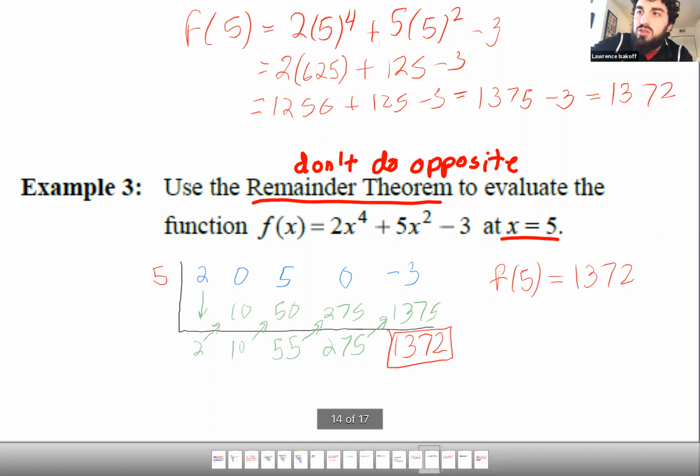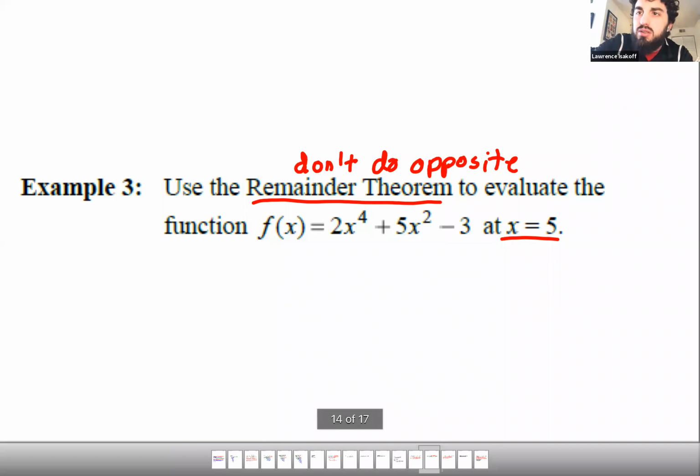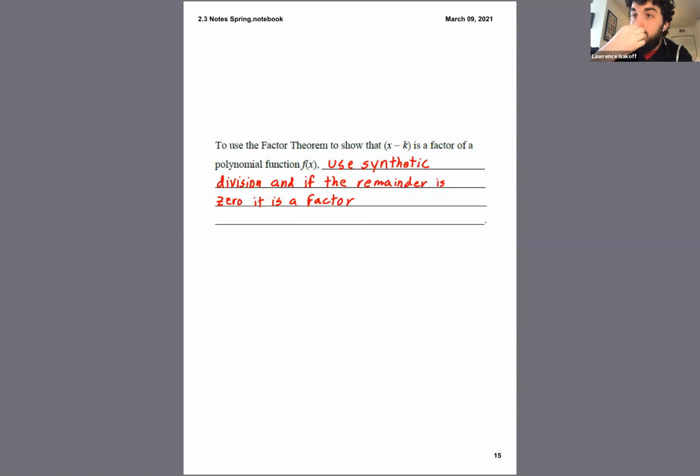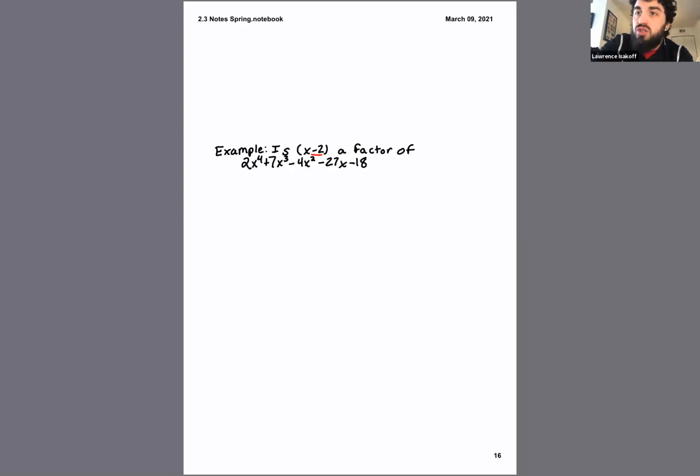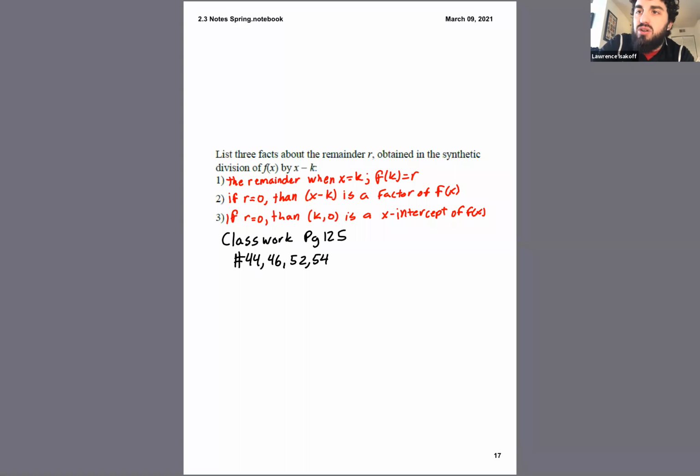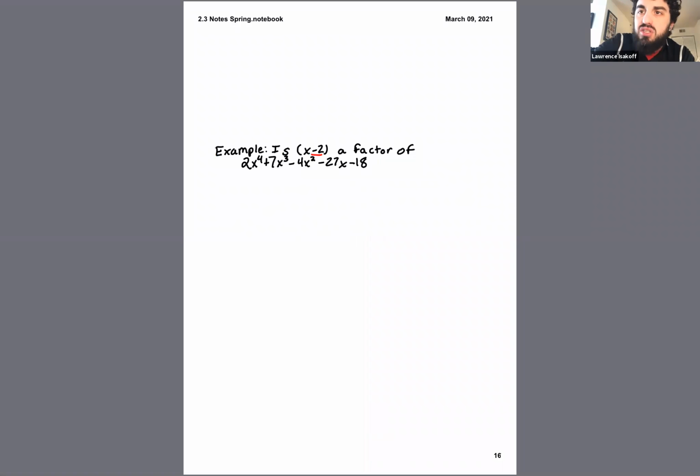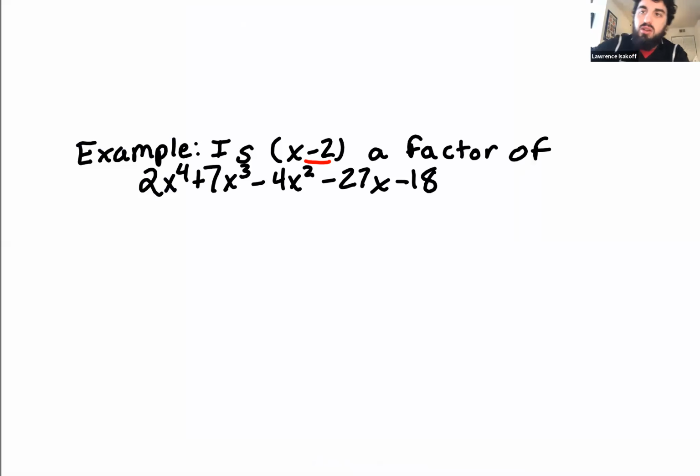Okay, let's clear that. Okay. So for something like this, for the factor theorem, use synthetic division. If the remainder is 0, it is a factor. So we're going to check if this is a factor, then talk about the last piece of the notes there. So here with this, since this is saying the x minus 2, we're still doing the opposite on this.